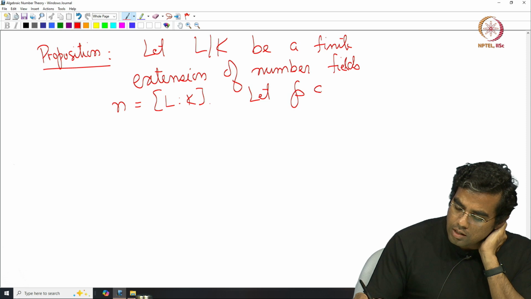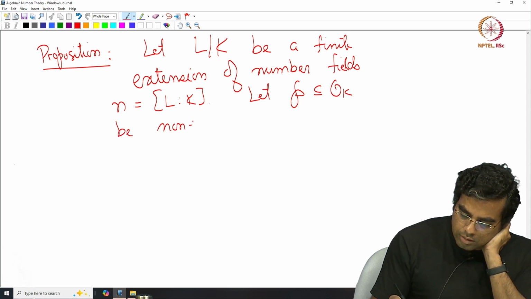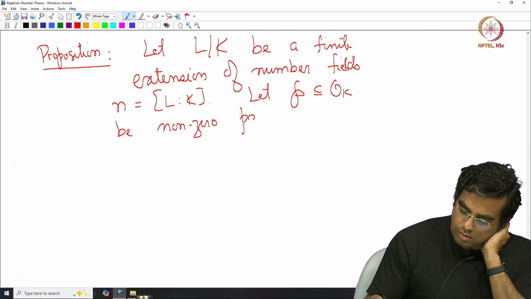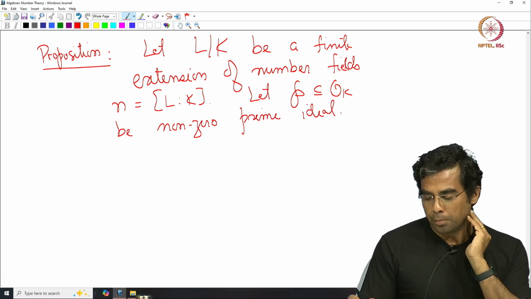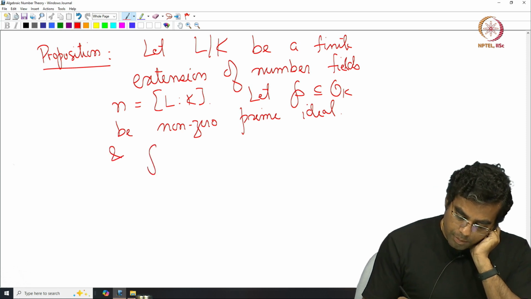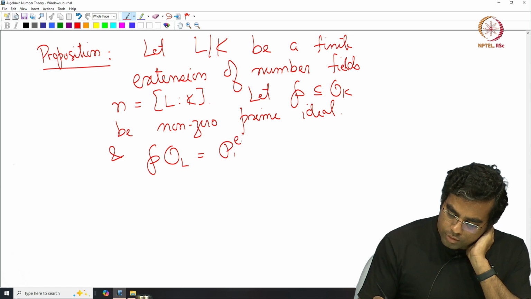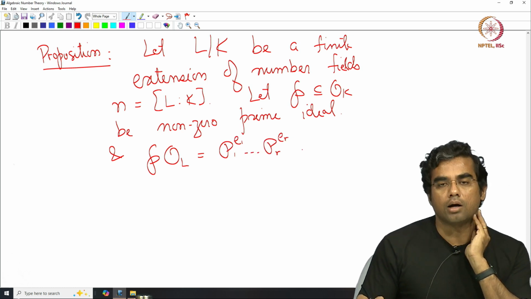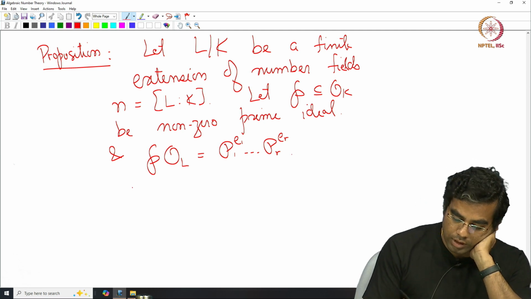Let P in OK be a non-zero prime ideal, so it is a maximal ideal, and when you extend P to OL you get P1 to the E1 and so on up to PR to the ER. This is just a piece of notation.